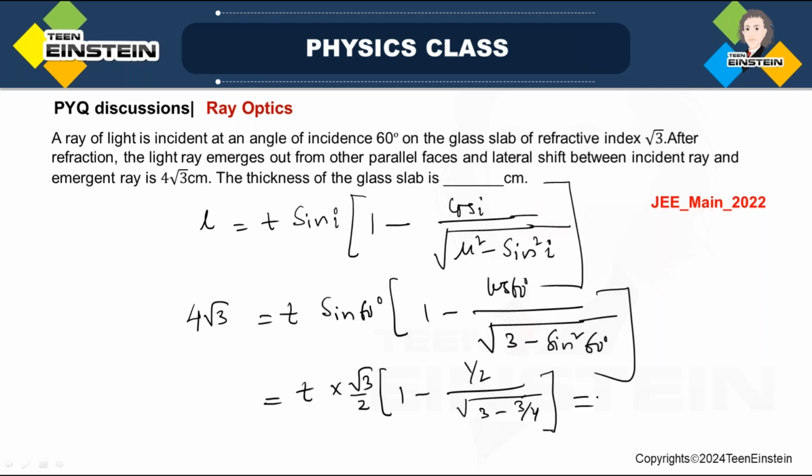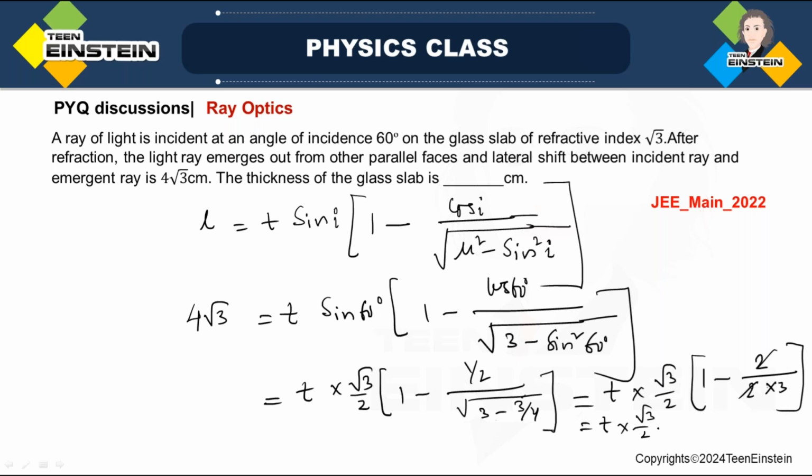See this I get, let me just do it, root over 3 by 2. So this 2 will be there in the numerator, so this will be actually 2 into, this is 9 by 4, the root of it is 3 by 2, so this is 1 over 3, 1 over 3 means 2 by 3.